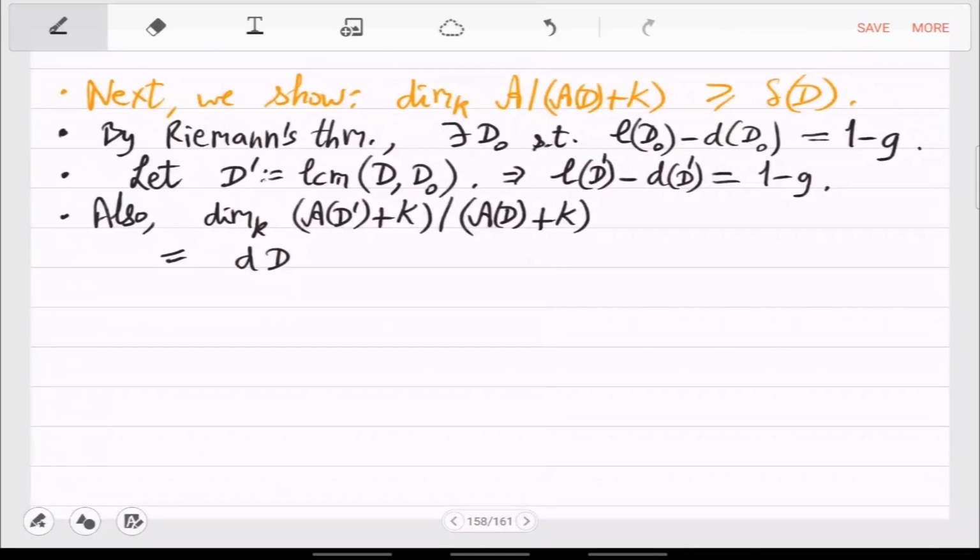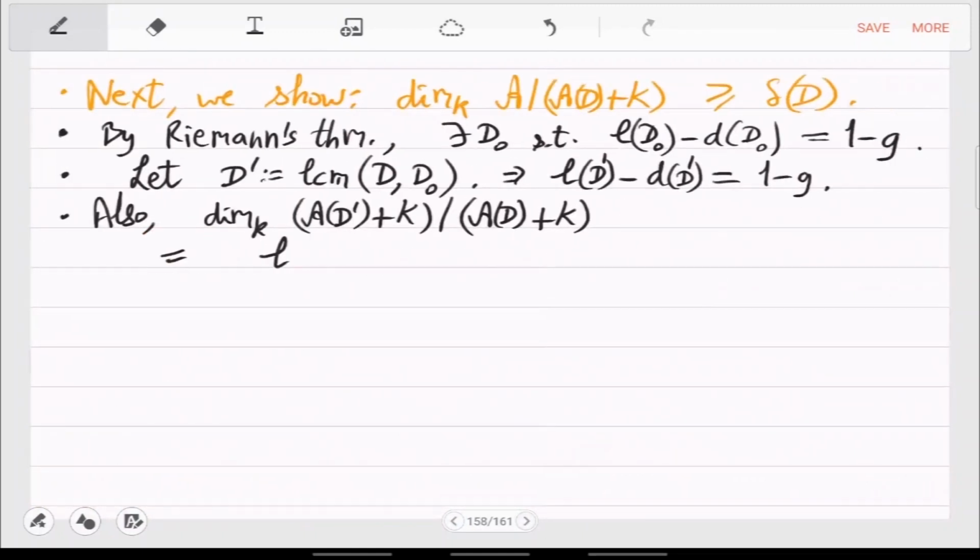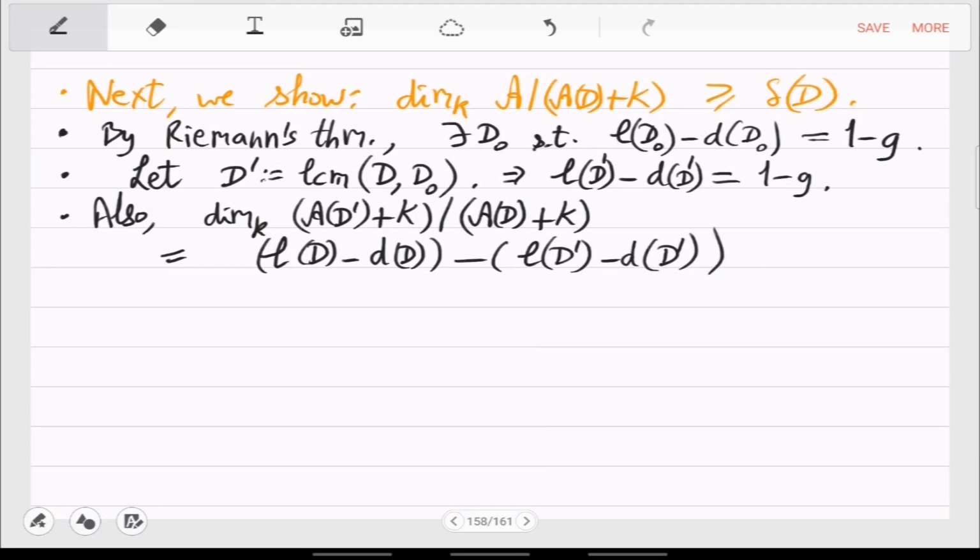So let's continue using that, first for D, then for D prime. That is what we had proved. We had proved it for any D prime greater than or equal to D.